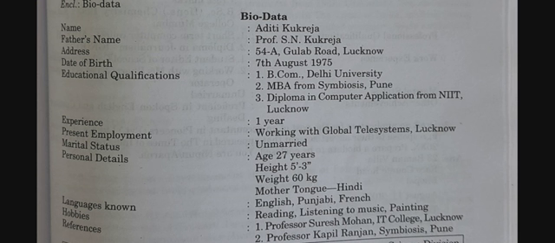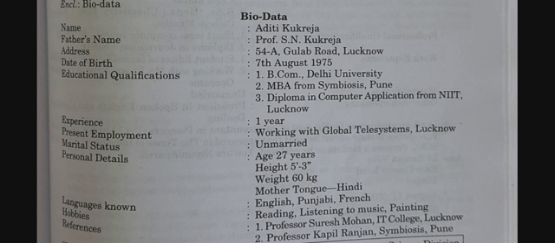So height and weight can be dropped. There is no need to write height and weight, but you have to mention the age. But as date of birth has already been mentioned, you can see on the top, date of birth 7th August 1975, there is no need to write age, because they can calculate it themselves.